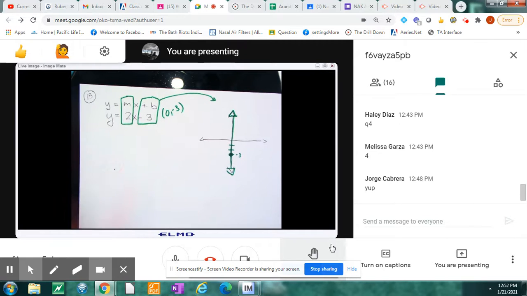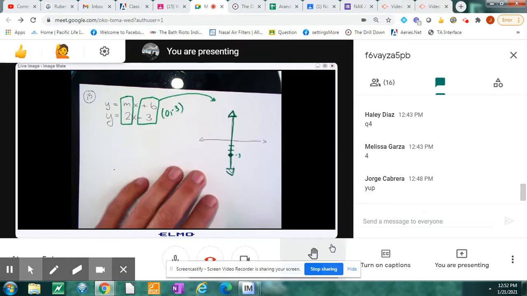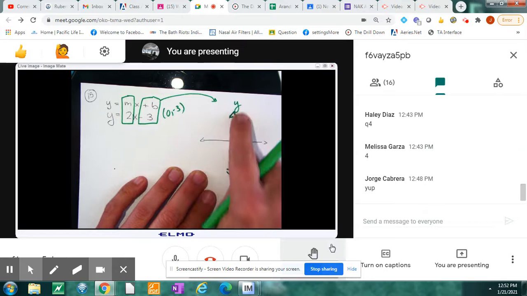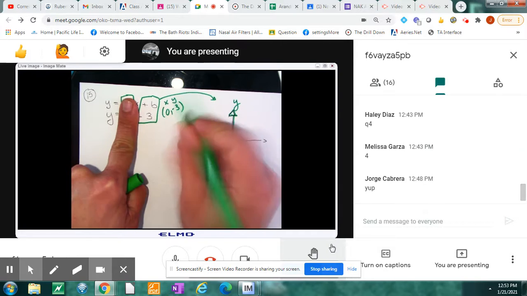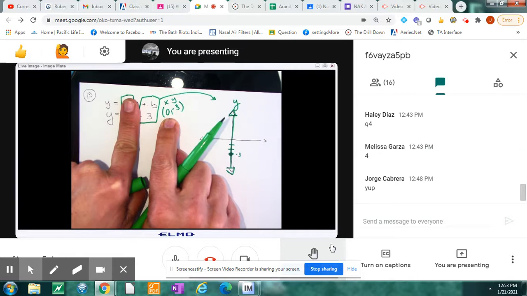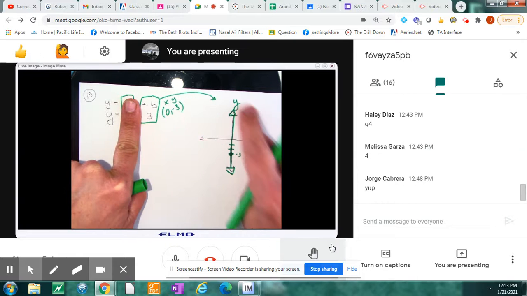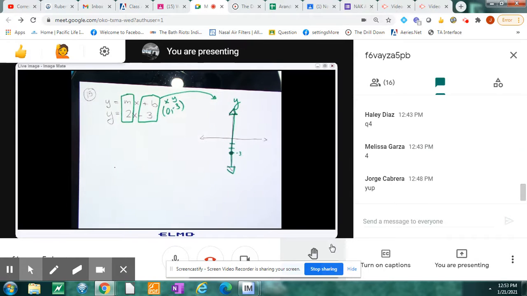Remember we did the coordinates? There was no 0, but when they're on the line, one of them has to be 0. But because y is equal to -3, then your x has to be 0.